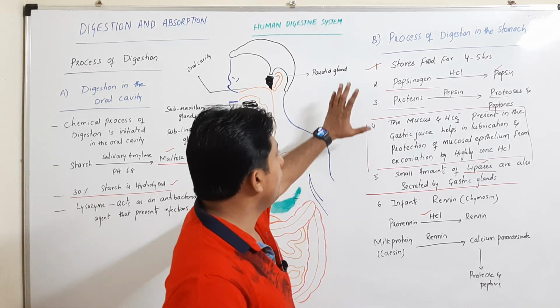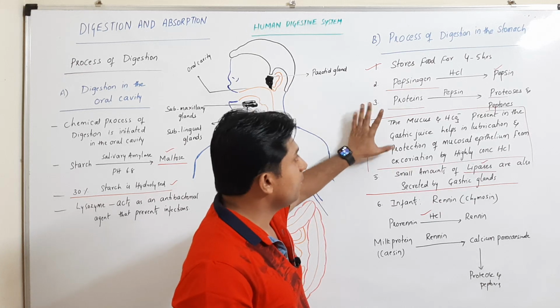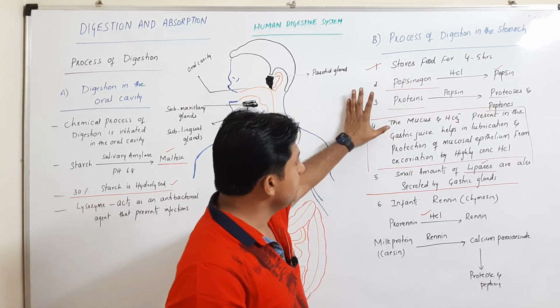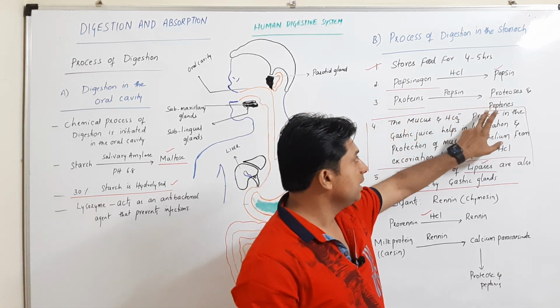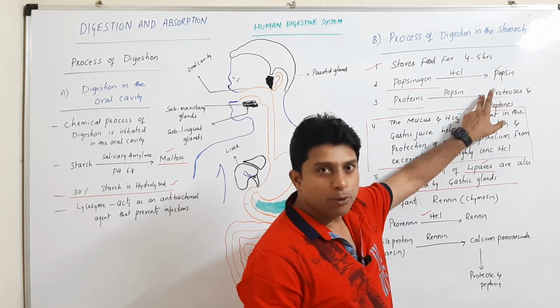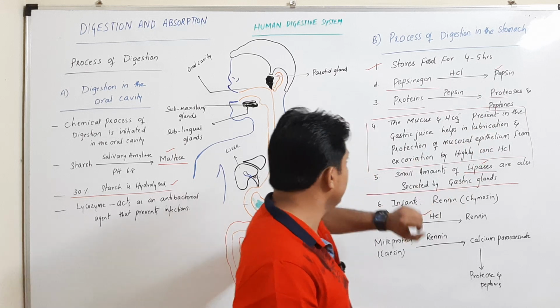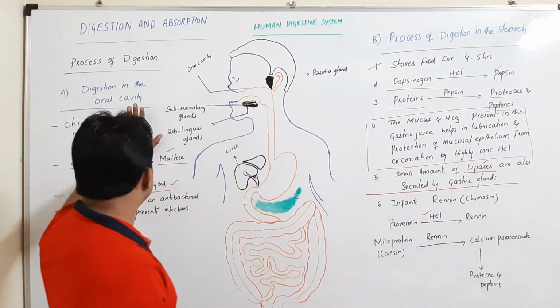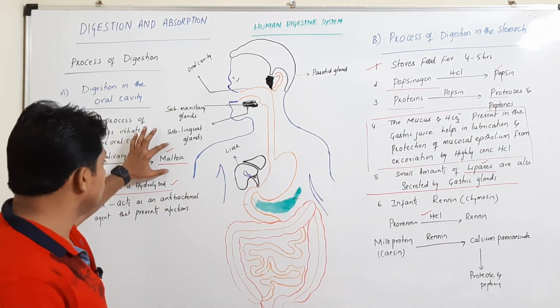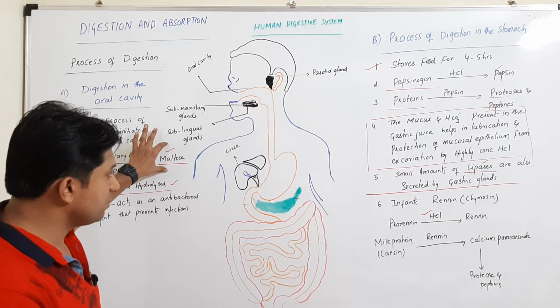Like this, once the food reaches the stomach, the proteins are partially digested into proteases and peptones, which we call peptides, right? And the carbohydrates were already partially digested into disaccharides in the buccal cavity, right?